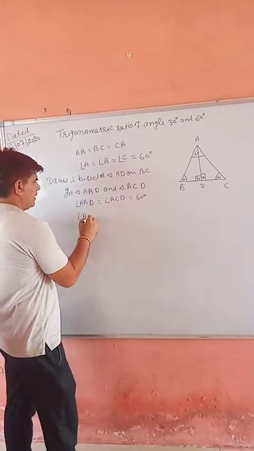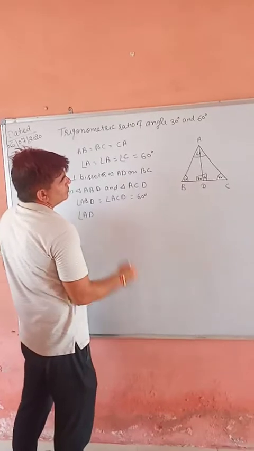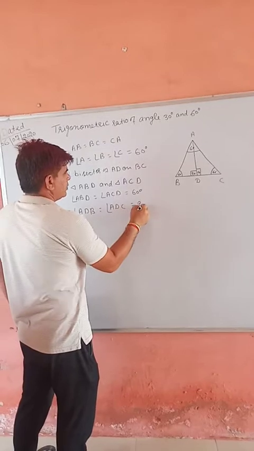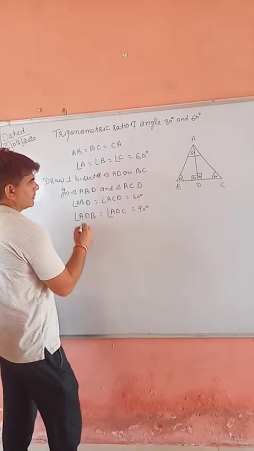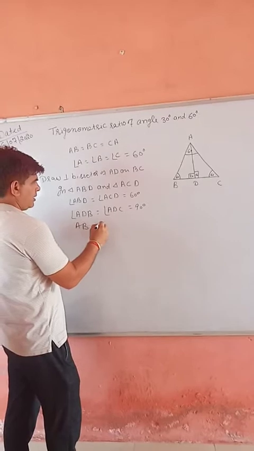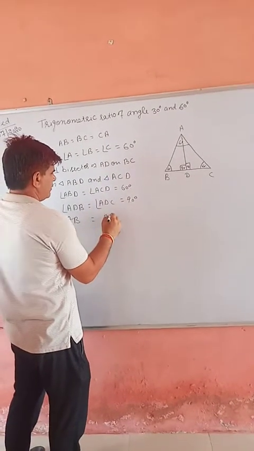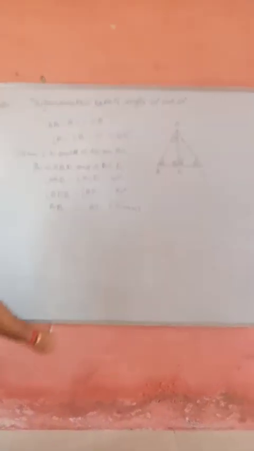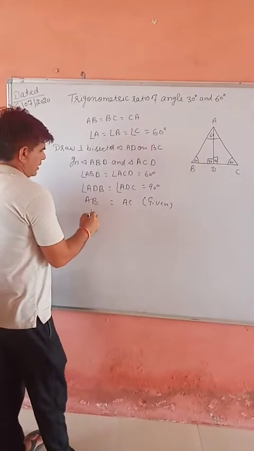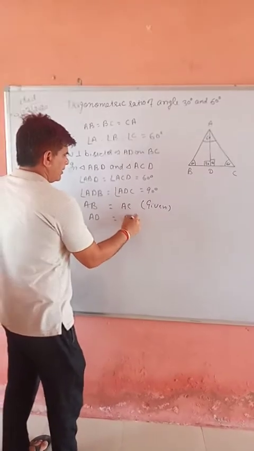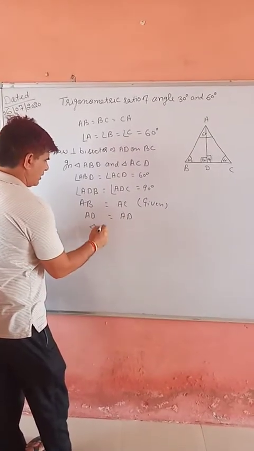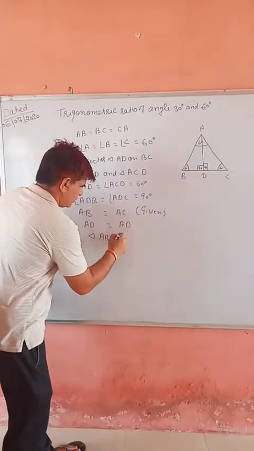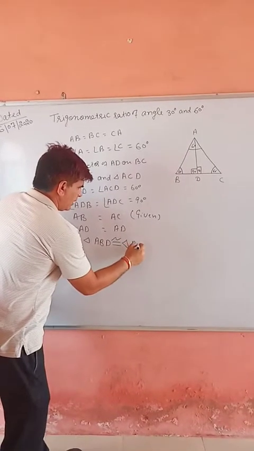Angle ADB is equal to angle ADC is equal to 90 degrees. AB equal to AC. This is given. Given or not given? Given. AD equal to AD. Therefore, triangle ABD is congruent to triangle ACD.